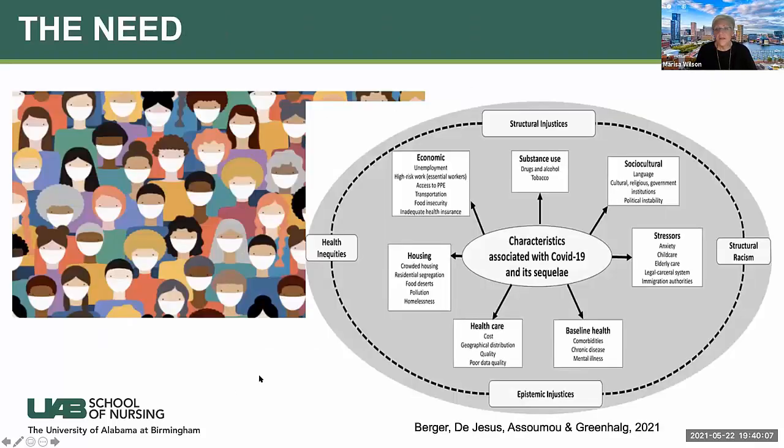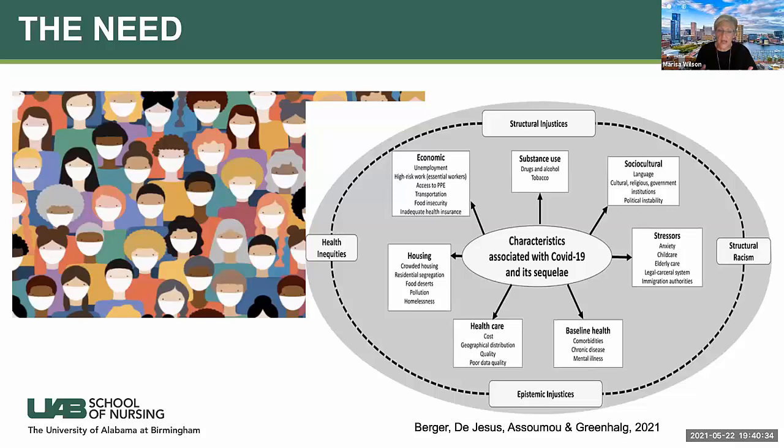So here's just one example of our need, right? This was just recently, we lived through this, and that was COVID and the associated sequelae, mortality, morbidity, and the like. Teasing apart the data, we understand that a lot of our folks who fared the worst in COVID fared the worst because of certain social determinants of health.